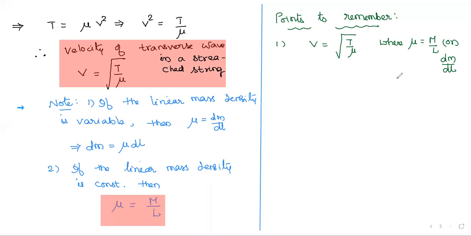Next, the second point that you have to keep in mind: while solving the numericals, try to write the same formula in different ways. What are the different ways, sir? First, check the linear mass density mu.